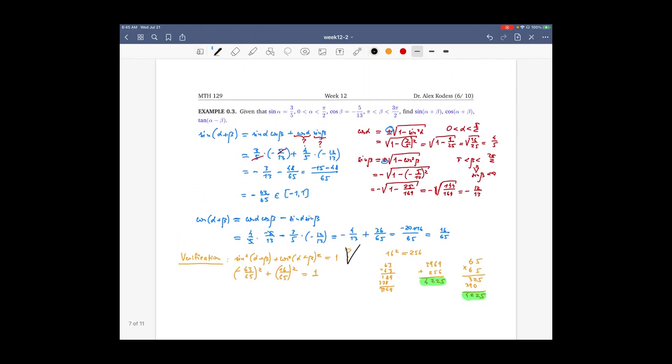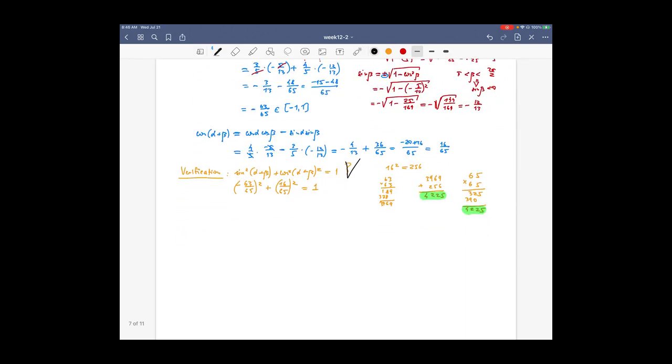All right, what about the tangent of the difference? Tangent of alpha minus beta. Remember, the formula is tangent alpha minus tangent beta over 1 plus the product of tangents. So we need to compute tangent alpha and tangent beta. Well, that's easy.